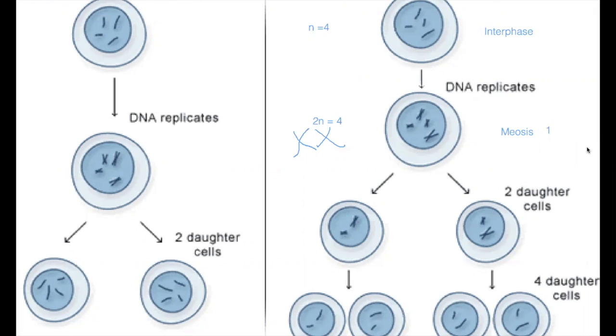And then after meiosis 1 occurs and we have that first round of division right here, we're going to get 2 haploid daughter cells. And these cells are going to be genetically different because we had independent assortment and crossing over in meiosis 1 during prophase and metaphase. And so we're going to have 2 new daughter cells, and n will equal 4.